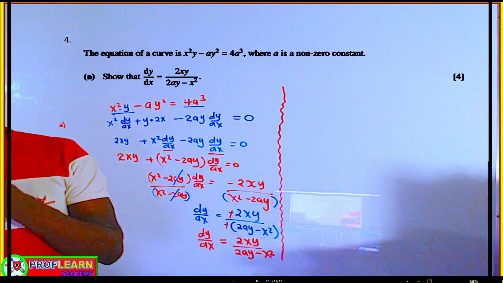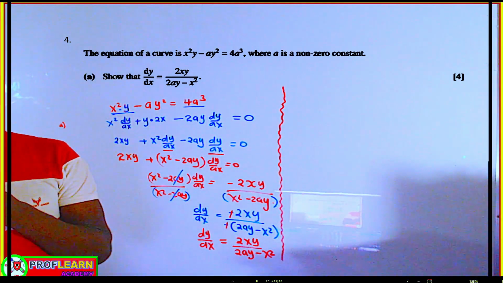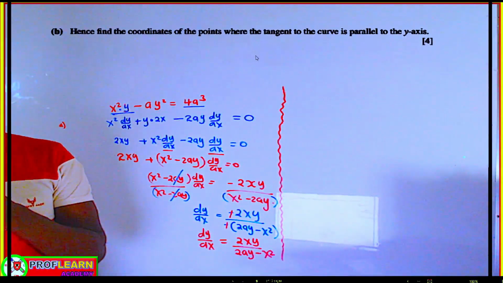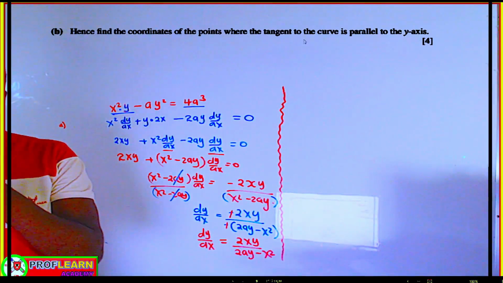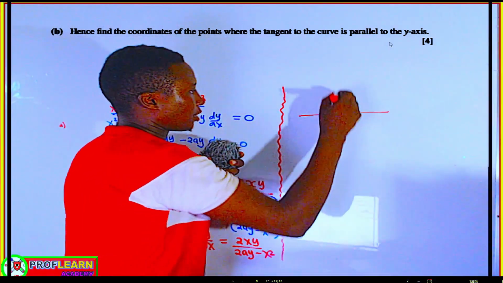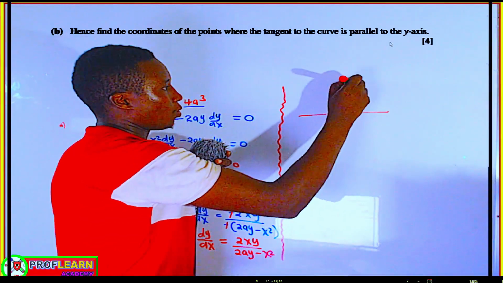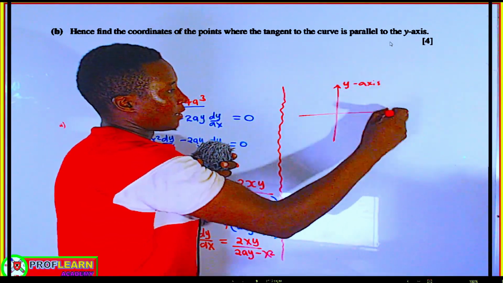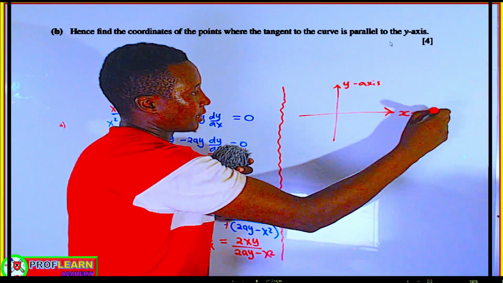Now, in the next part: hence find the coordinates of the point where the tangent to the curve is parallel to the y-axis. If you have the two axes, this is the y-axis and this is the x-axis.